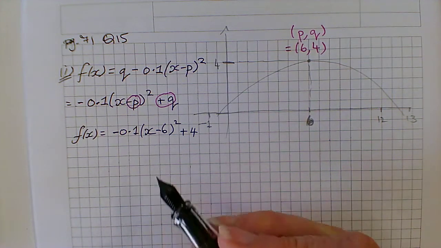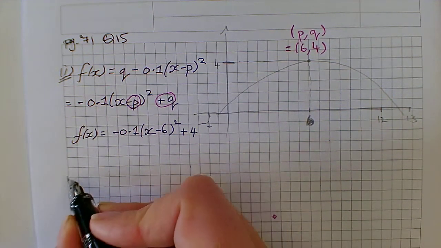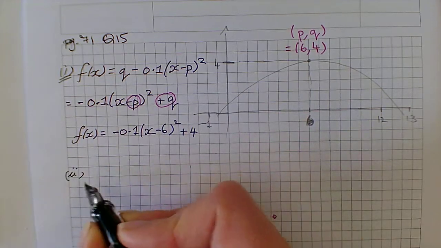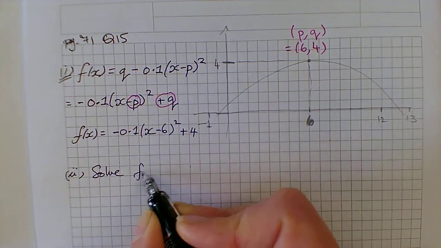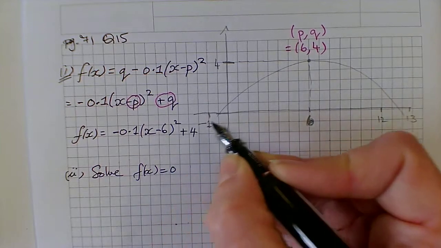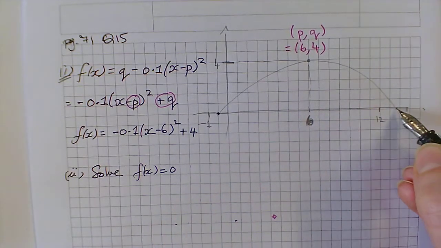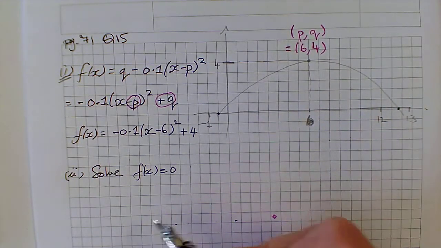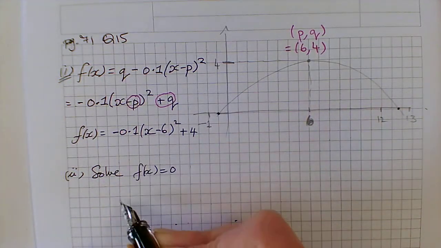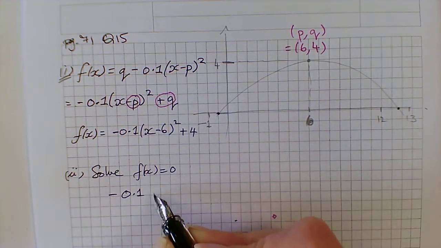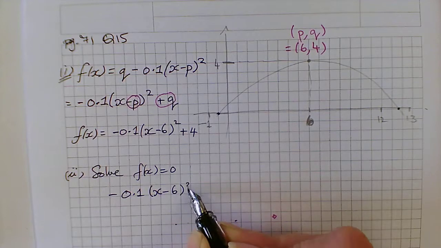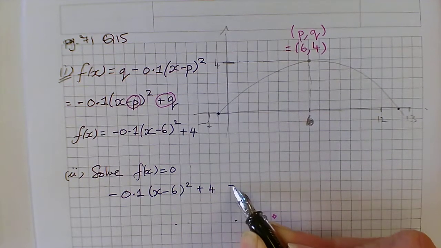Next, they asked us to solve the equation. So for part 2, we have to solve f of x equal to 0 to find these points here, where it's actually crossing the x-axis. So this whole thing, minus 0.1 times x minus 6 all squared plus 4, is equal to 0.